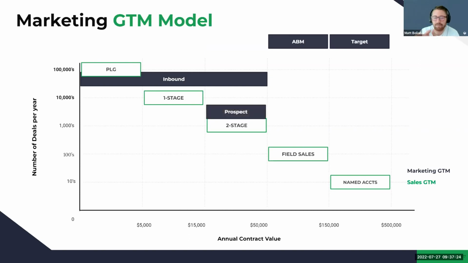So next, prospect. This is where a lot of people sit, where marketing gets torn. You're expected both to drive inbound, getting people to your website, but also to help with prospecting. This is where that sales-to-marketing alignment happens. This is where we talk about lead gen versus demand gen.